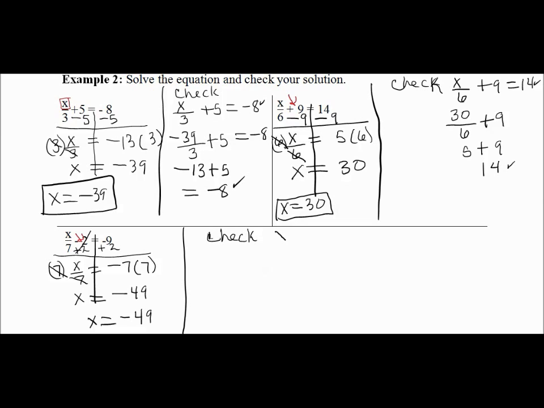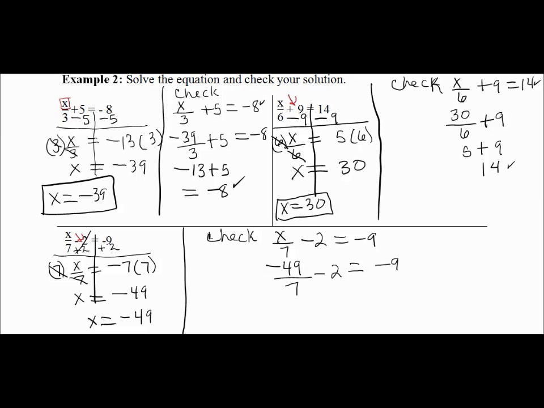The original equation was x over 7 minus 2 equals a negative 9. I'll replace this x with negative 49. So that becomes negative 49 over 7 minus 2 equals negative 9.